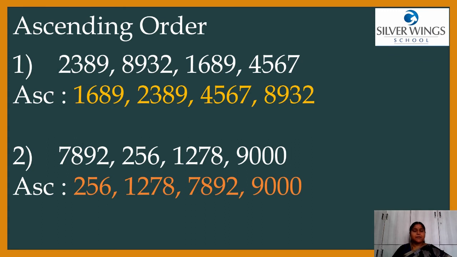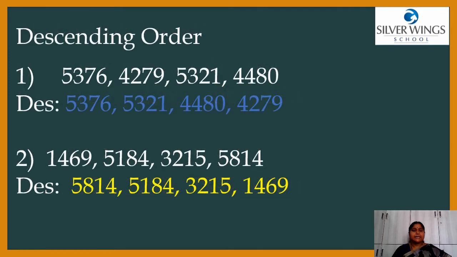Next, if same number of digits, you should see the first digit in every number from your extreme left. If that is equal, go to the next higher place. Like that you should compare and write. Ascending order means smallest to largest number. Here I gave you 2 examples. Check carefully.